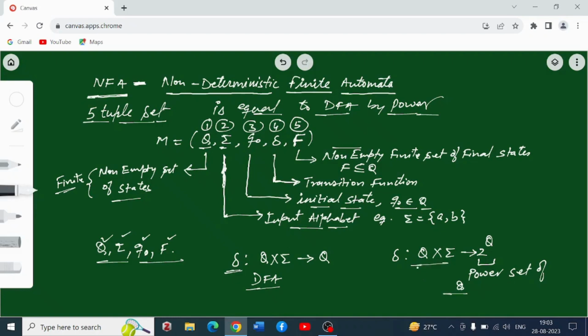So in case of NFA and DFA, the transition function is different.